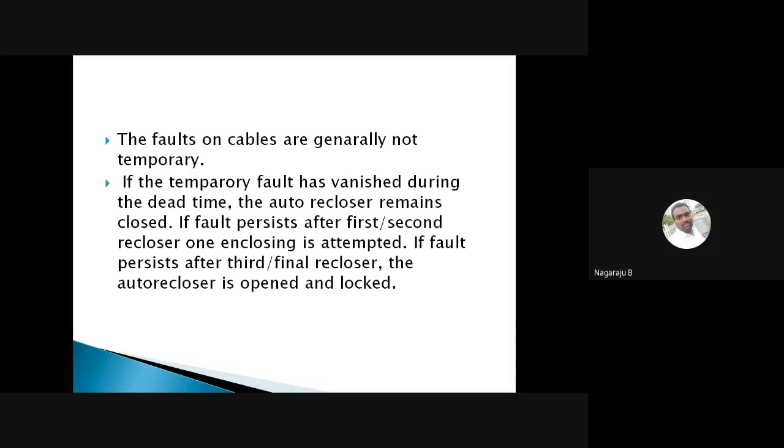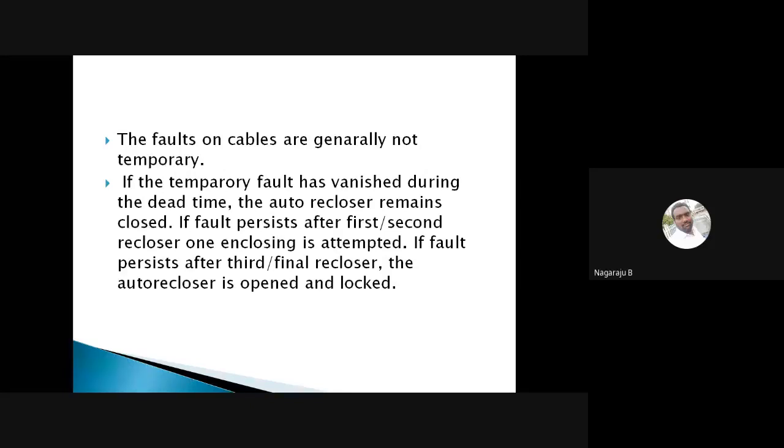So the circuit breaker and circuit recloser are used in combination, the circuit recloser is used to reduce the effect on the circuit breaker.